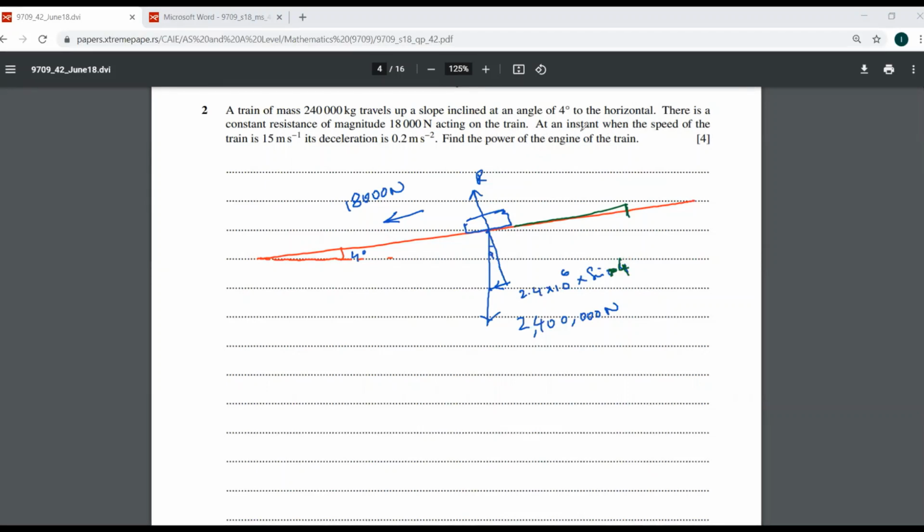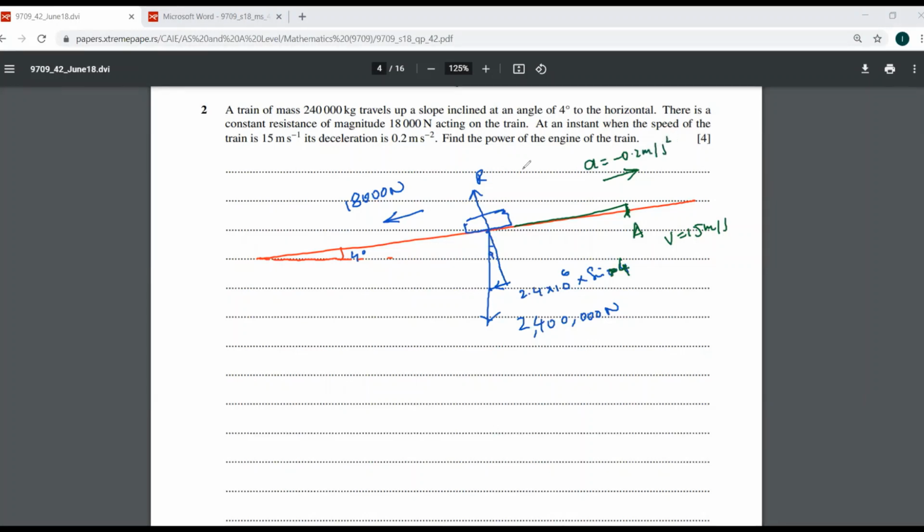It says at the instant when the speed of the train is 15 meters per second, its deceleration is 0.2. So up the slope, its acceleration is minus 0.2 meter per second square. Find the power of the engine of the train.